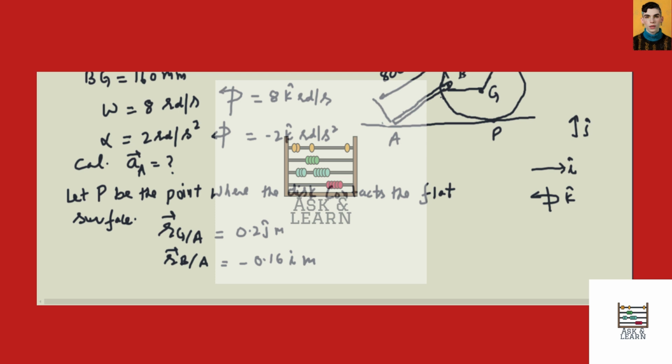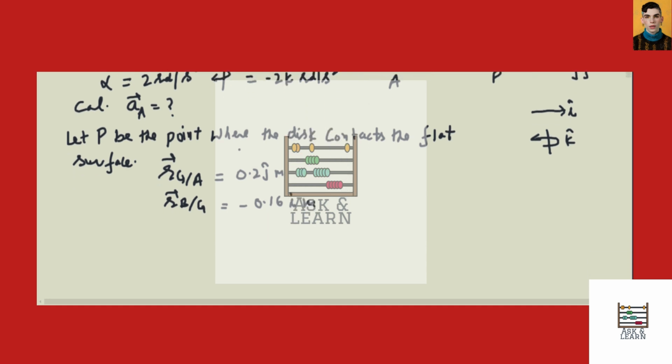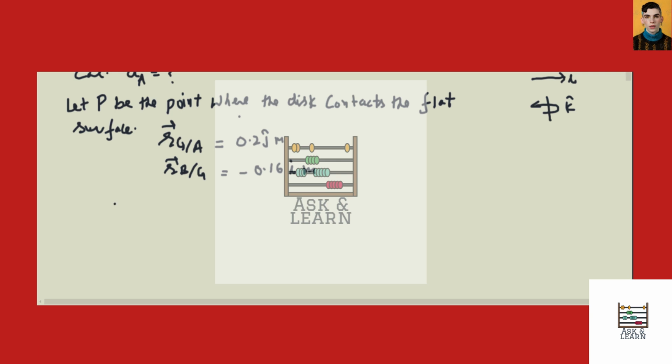So our position vector RAV can be written as, j cap.